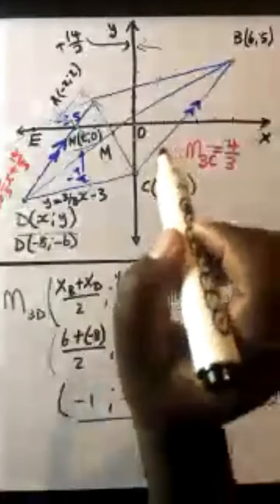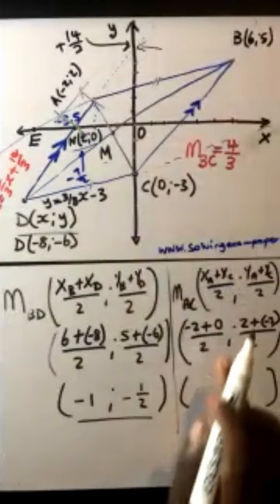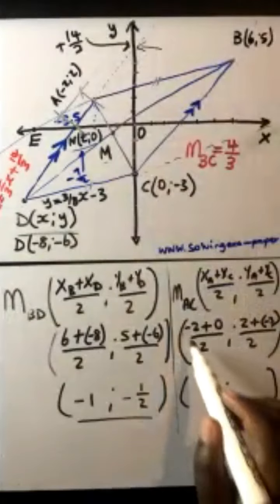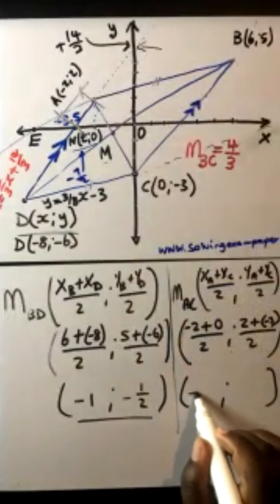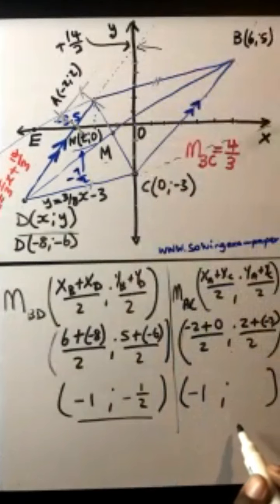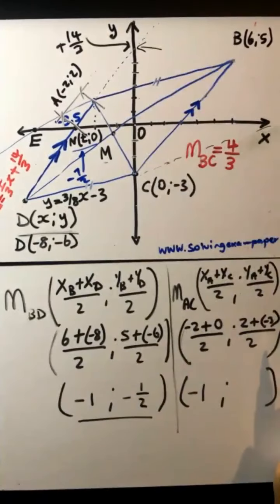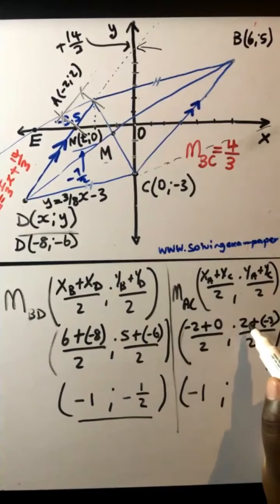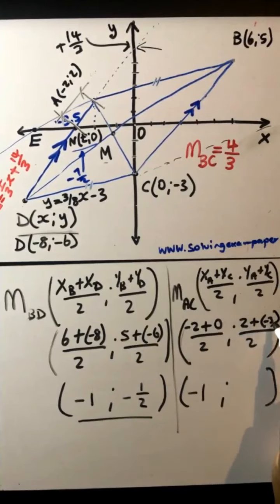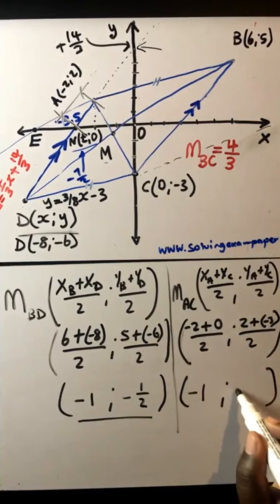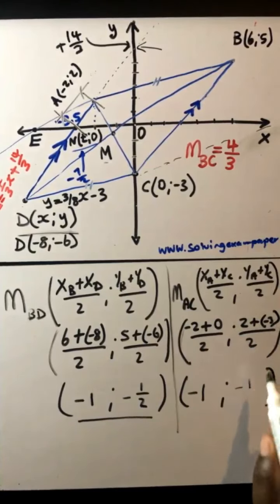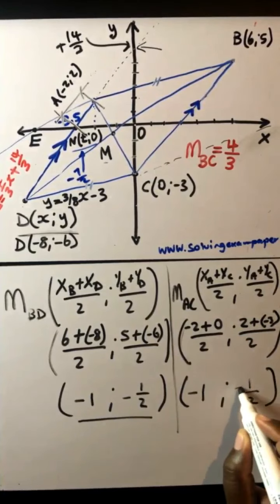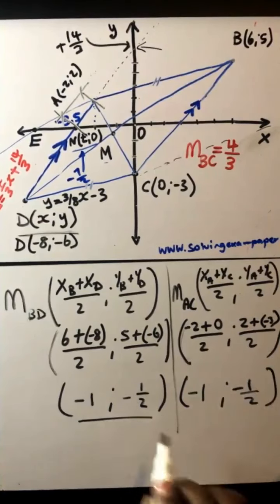So when you substitute that, I know it's -2/2, it's -1 already. This is obviously 2 minus 3, it's -1, over 2. So you can see it's the same as that one.